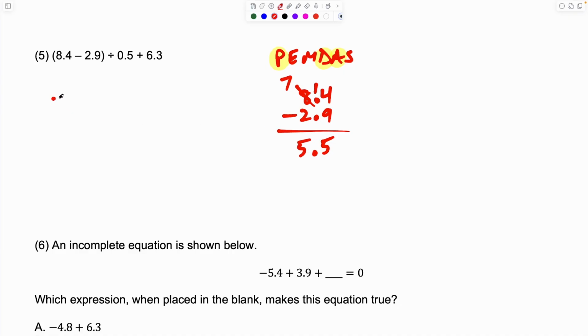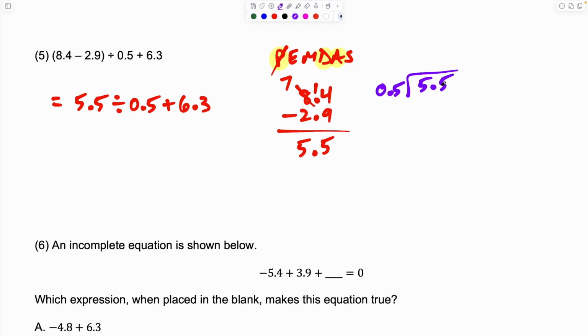So now I could say this equals 5.5, divided by 0.5, and then plus 6.3. So now we took care of the parentheses. There's only division and addition left, and division outranks addition. So we're going to do the division next. We're going to do 5.5 divided by 0.5.